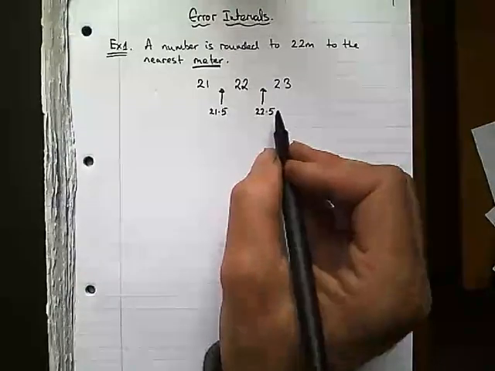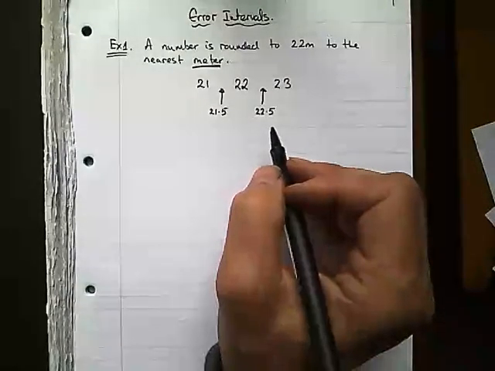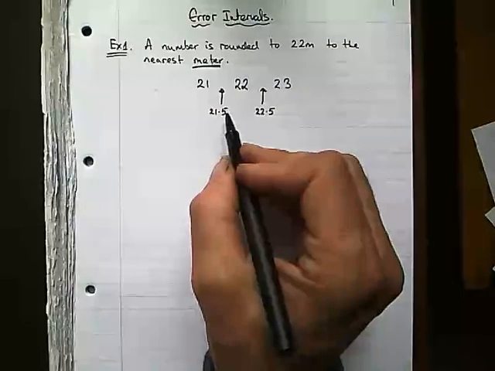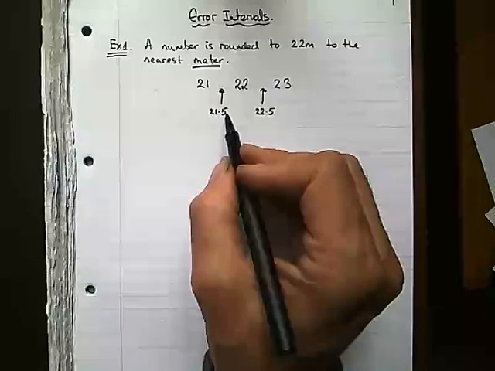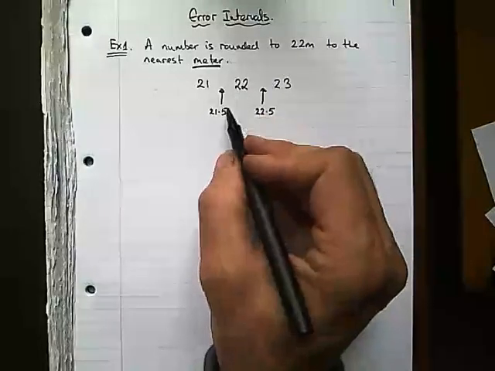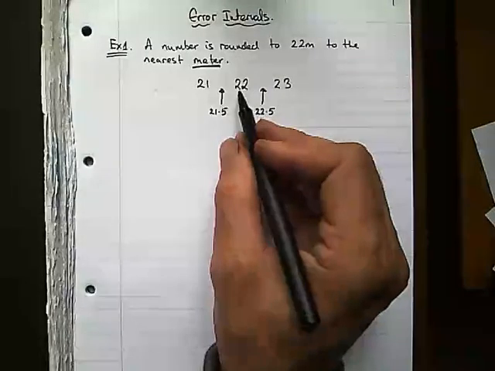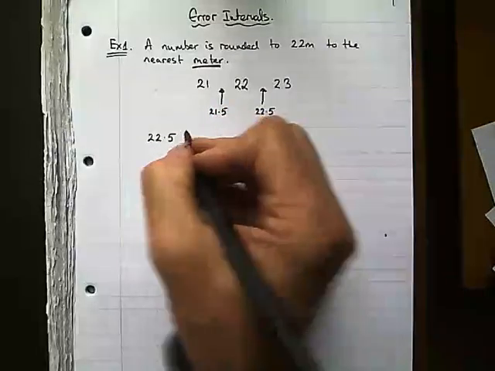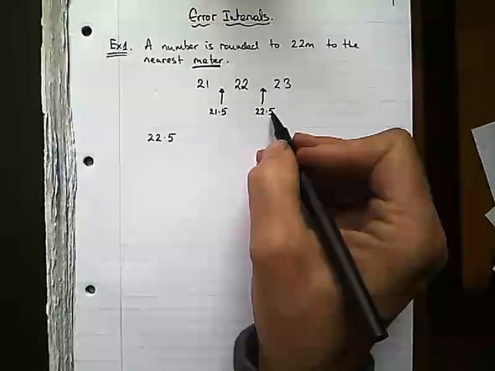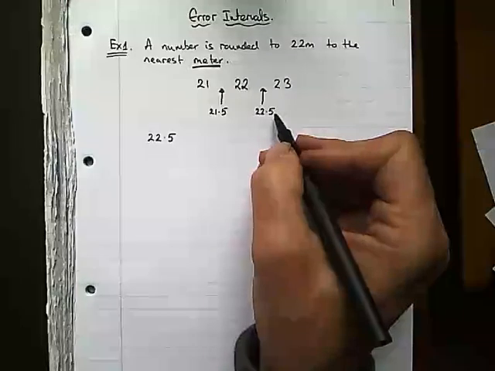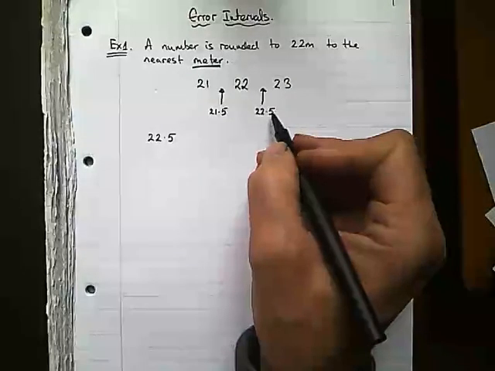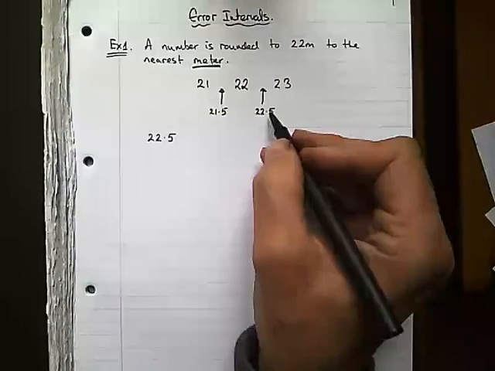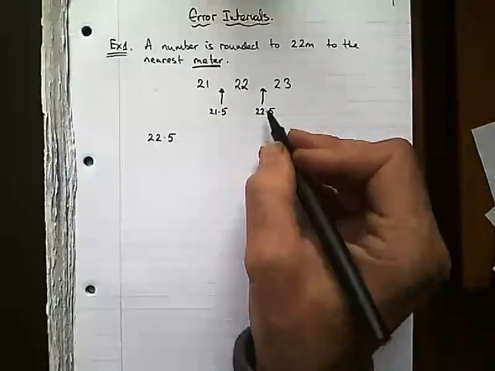And I'll explain what bounds are. But basically, my number could have been 21.5 or higher to be rounded to 22. And the biggest my number could be is 22.5. Although 22.5 rounds to 23, we say it's so close to it that we actually take that number.